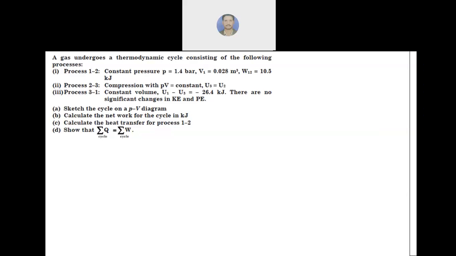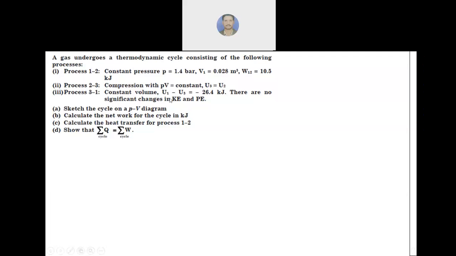Next, process 2 3 is a compression process where PV equals constant, and it is also given that U3 equals U2. Next, process 3 1 is a constant volume process, and the difference of U1 and U3 is also given.